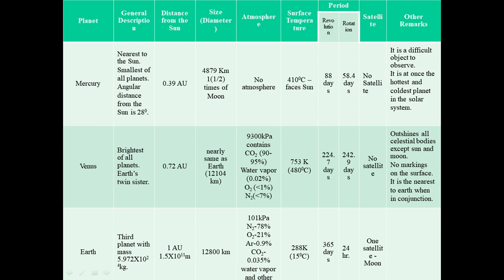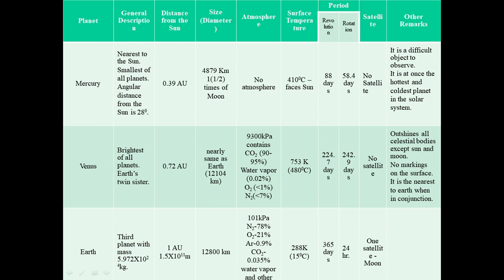Another interesting thing regarding Mercury is that it has no atmosphere. It is a difficult object to observe because of its maximum elongation of 28 degrees.